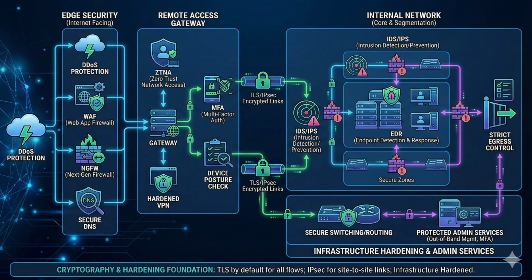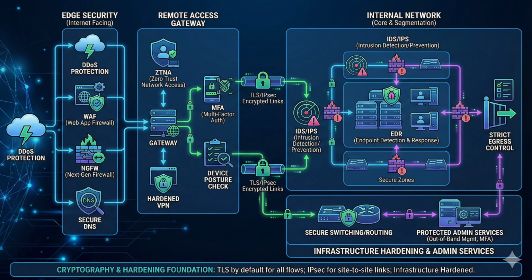For remote access, modern designs often prefer zero-trust network access or a hardened VPN, always paired with MFA and device posture checks. Internally, focus on detecting and blocking lateral movement: host-based firewalls, IDS/IPS where appropriate, endpoint detection and response, and strict egress controls so compromised systems can't easily call out.